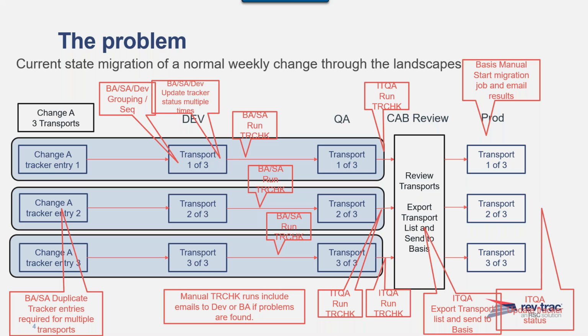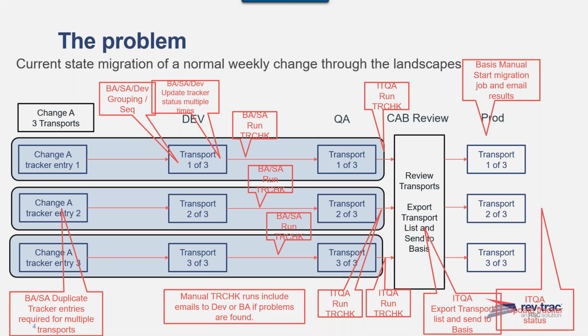But starting along the top, the BA, SA, Dev, that for us means the business analyst or system analyst or a developer was responsible for identifying the grouping or sequencing of the transports. They would have to go in and update these tracker entries to indicate, all right, this is transport 1, next is transport 2, and so forth.